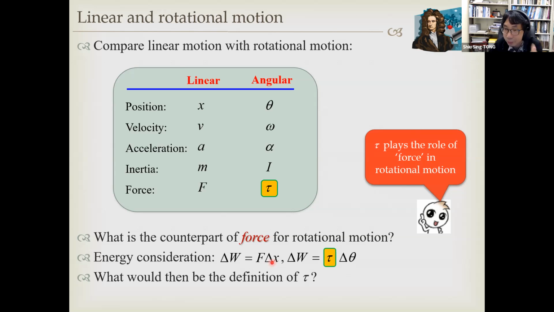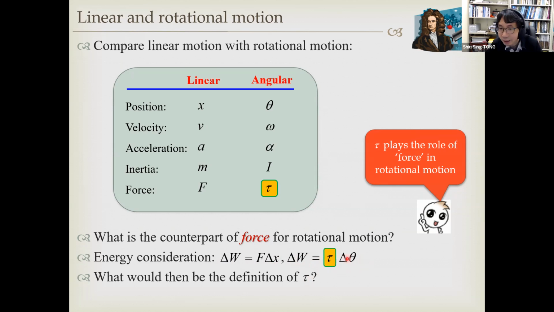If the force multiplied by delta x gives the work, similarly, I propose the torque multiplied by the displacement in the angular case should also give the work. So that is how I want to define the torque. I define it in terms of the energy consideration.